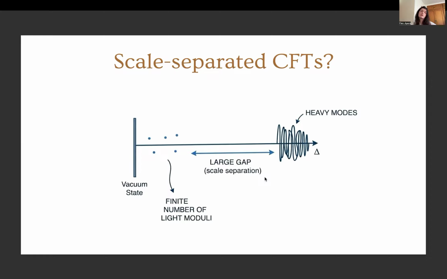So we can have a vacuum state, maybe a small number of light operators, which are dual to the stabilized moduli. But these must be separated by a large gap from all kinds of heavy stuff like the Kaluza-Klein modes. And there are no known conformal field theories with this property. Okay.